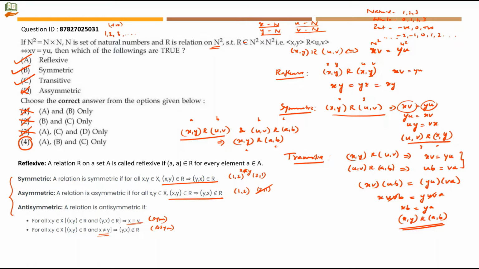So in case of this particular x into v and y into u, which comes with multiplication, the asymmetric property cannot be true. That's why we are ruling out D, the asymmetric option, from the list. So let's see the transitive property. If (a, b) belongs to R and (b, c) belongs to R, then (a, c) also belongs to R. So this is what I have mentioned as (a, b), (b, c) and (a, c).